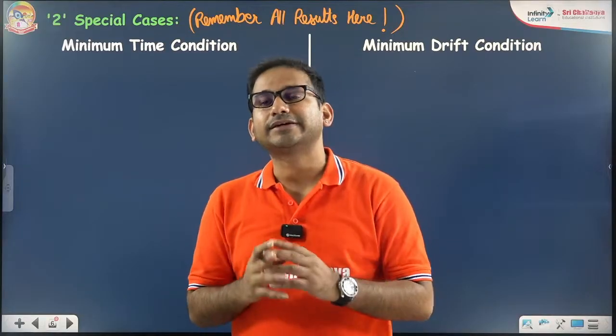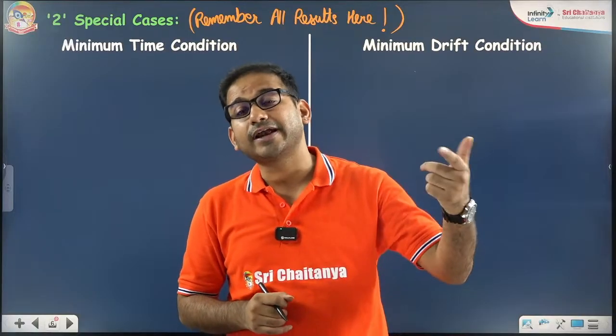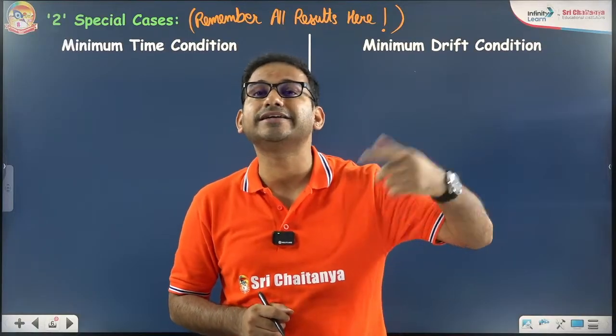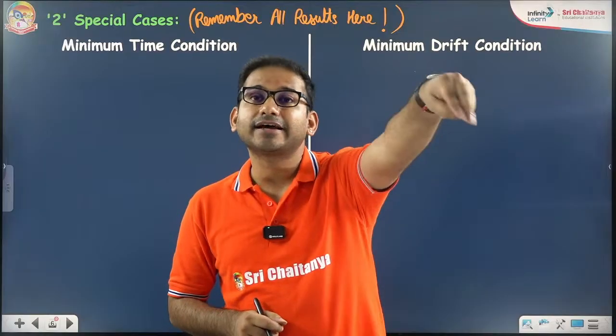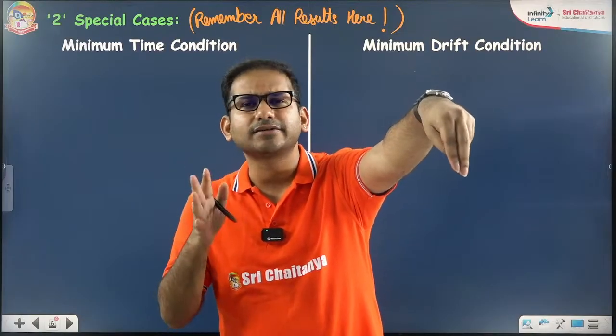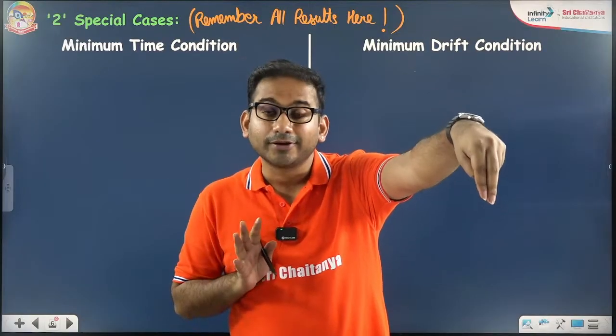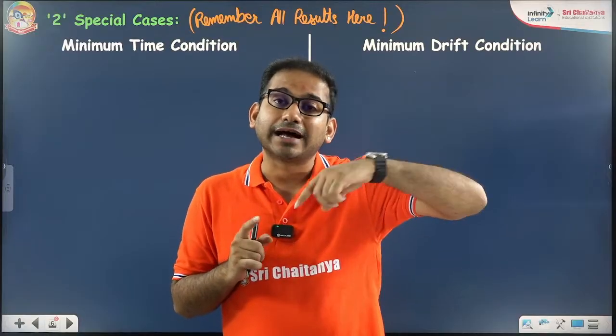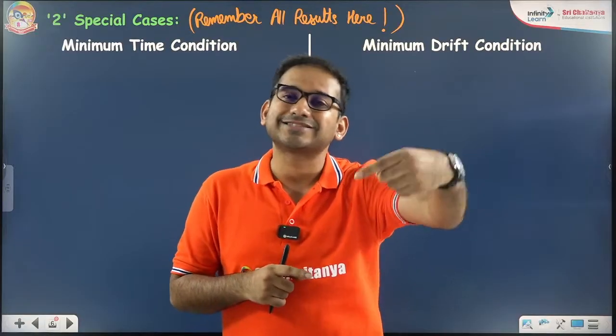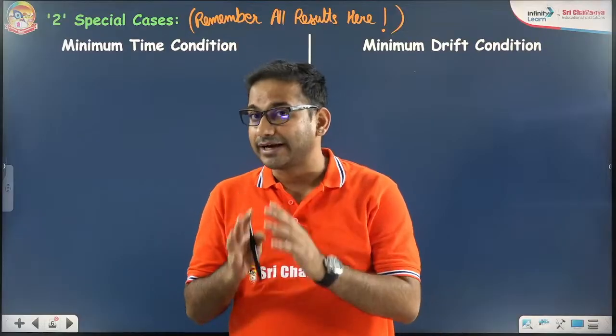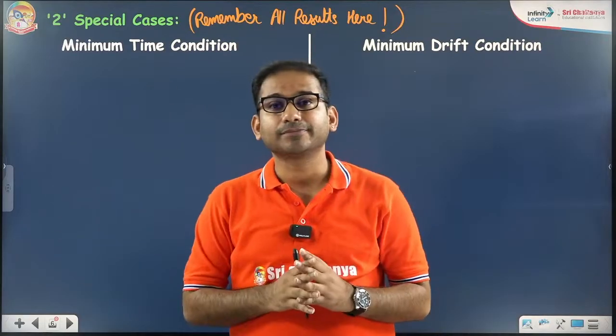So your prime concern is, I want to cross the river at the earliest. Exactly where I will reach on the other bank doesn't bother me a lot. My intent is that I want to cross the river as soon as possible. So that situation is the minimum time condition.